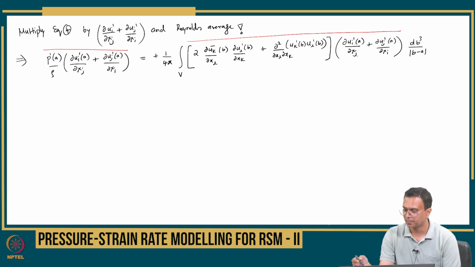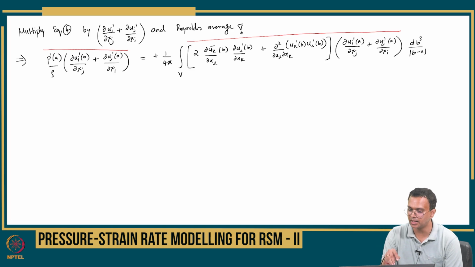So note that this particular part here is a function of A, not B, and therefore I can push this inside the integral. The integral is valid for the point source B, but what I have multiplied is a function of A, so it can go inside the integral.